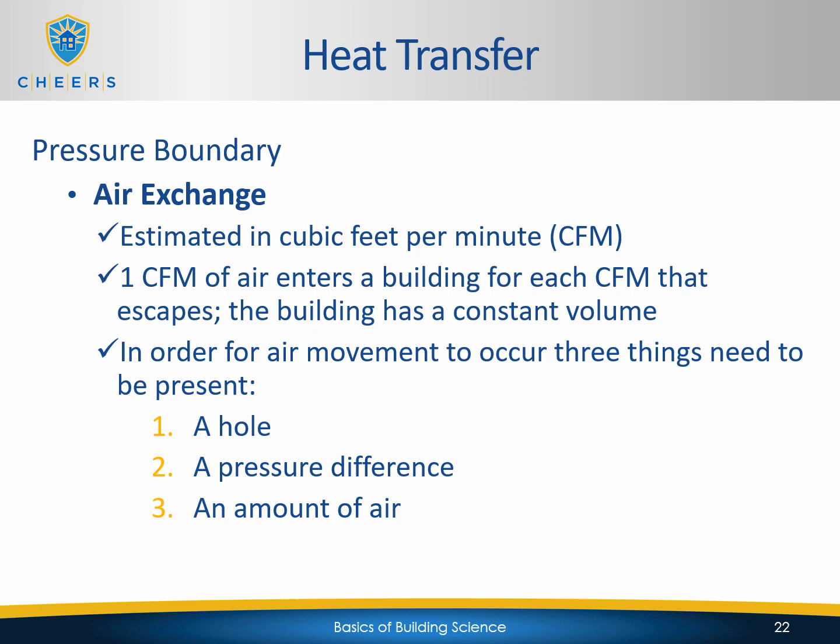For the most part, air movement goes from high pressure to low pressure. So the bigger the difference in pressure between the two areas, the more air movement you're going to have. If there is no difference in pressure, there is not going to be air movement, because there's nothing driving air from one place to the other. And then you have to have an amount of air, any amount of air.